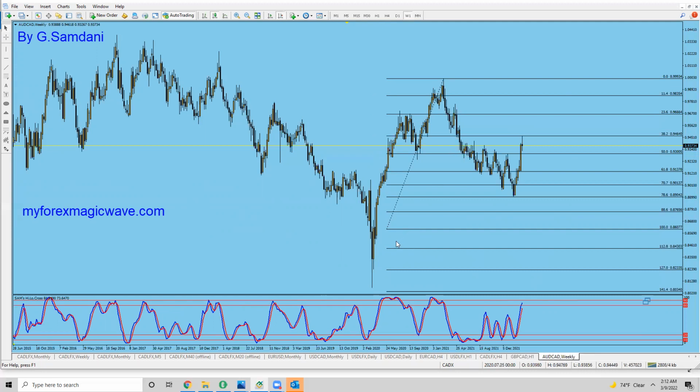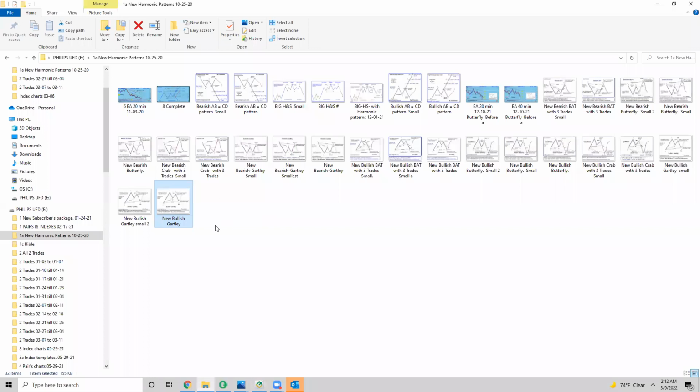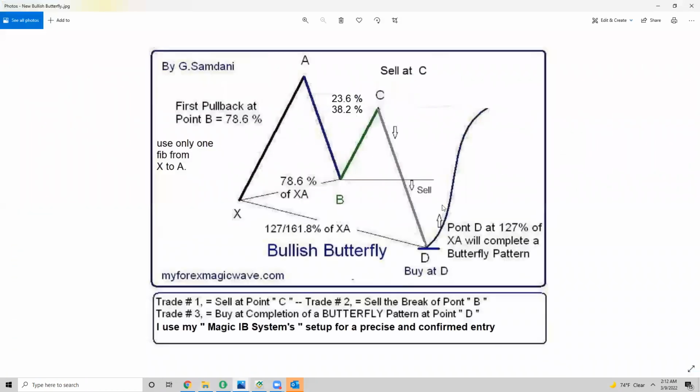But usually, if you look at the butterfly pattern calculation, the B point is 78%, and C goes back to 38%, and then D goes to 127. That's the butterfly pattern calculation. Let me just show it to you. And it's a bullish one, right? See that?